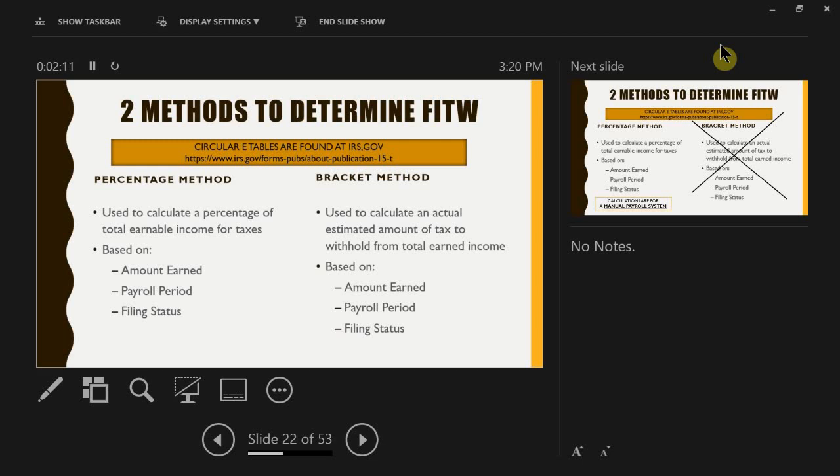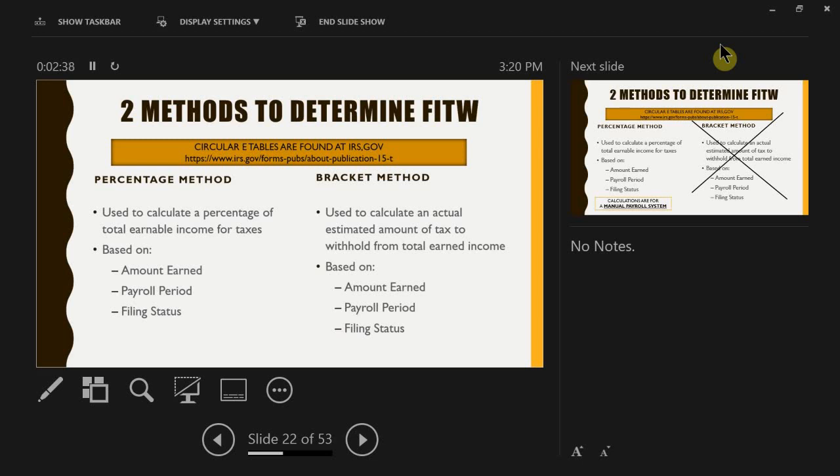Now, of course, with the federal income taxes, there are two methods to determine your FITW. We're going to learn only one of them today, but there are two that exist. We have the percentage method, which I'll show you exactly how it works.